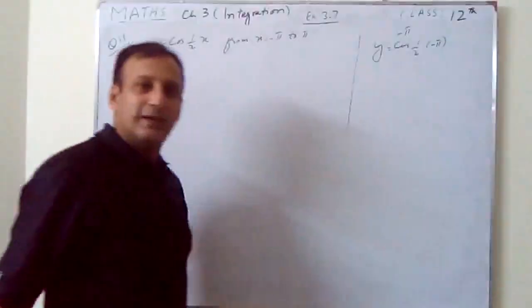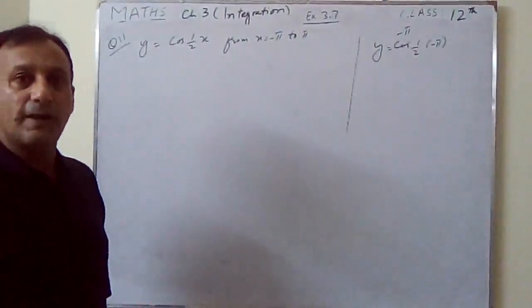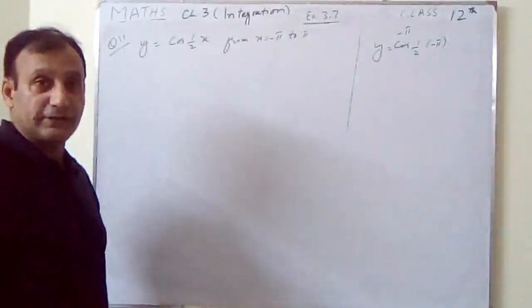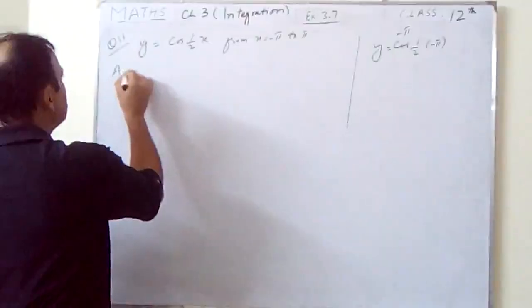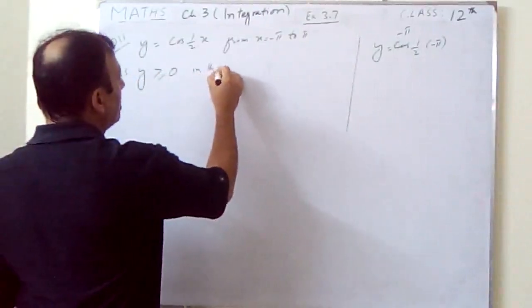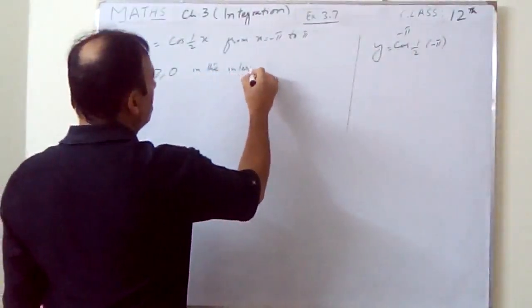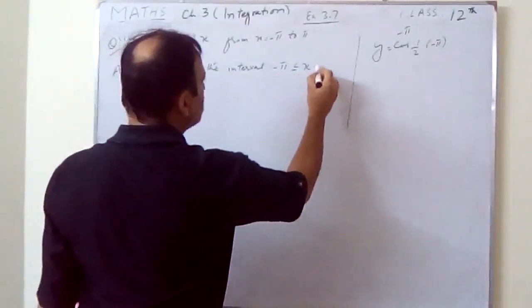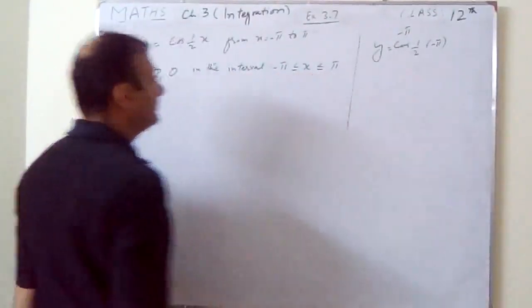When cos of minus theta, it means cos of plus theta, so it remains positive. As y is positive in the interval minus pi less than or equal to x less than or equal to pi.